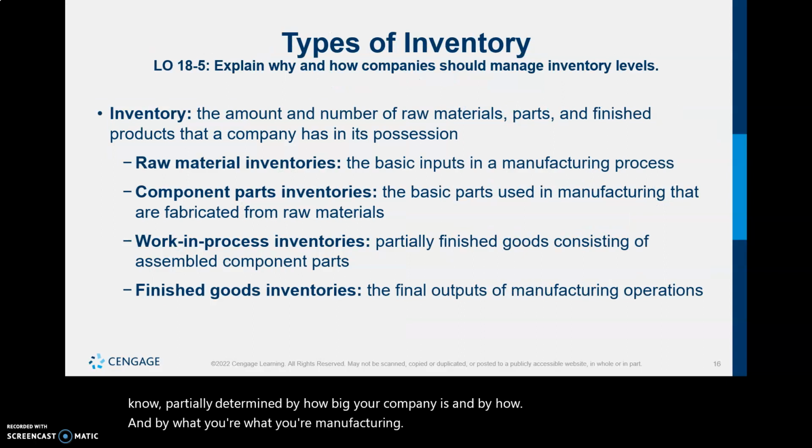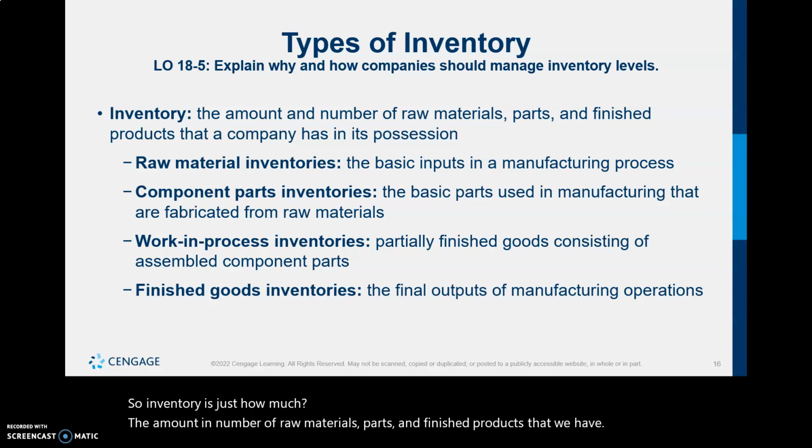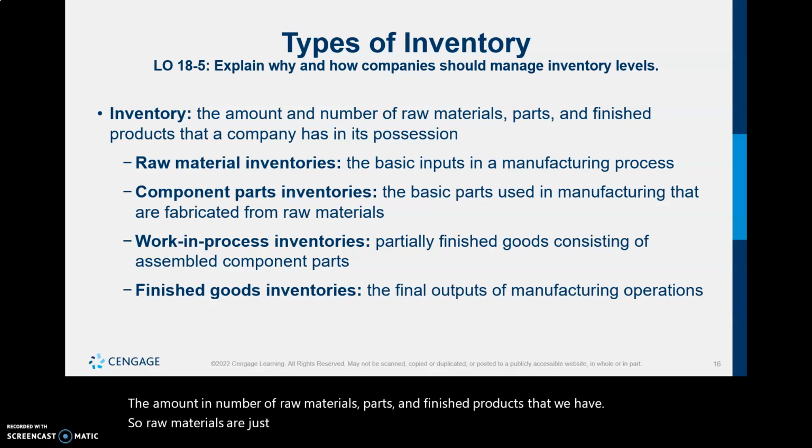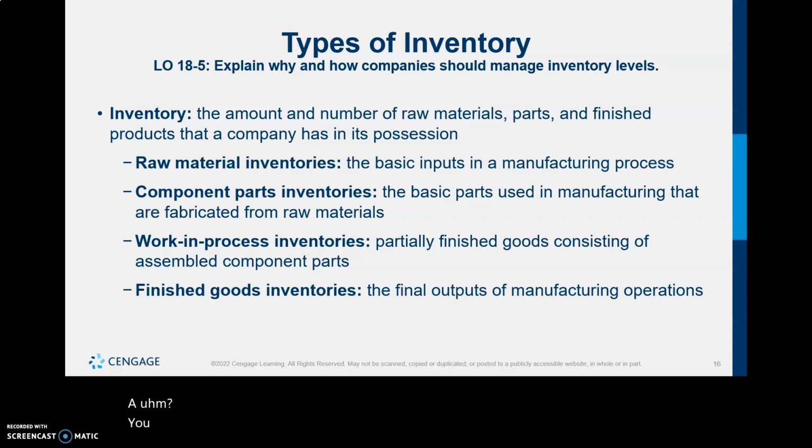All right. We also need to look at inventory. Inventory is just the amount and number of raw materials, parts, and finished products that we have. Raw materials are just our basic inputs. For example, you might purchase steel or aluminum or rubber to make parts of a car.